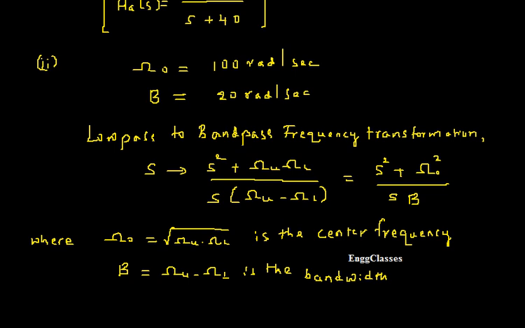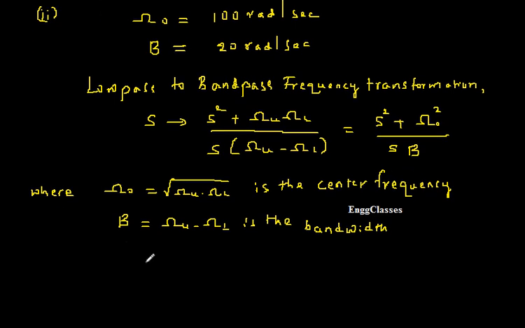I can substitute and I can get the bandpass filter. Therefore, S need to be replaced with S square plus omega U into omega L. Center frequency, whatever it is being given, omega naught is 100, but we need to put omega naught square. 100 square is nothing but 10,000.